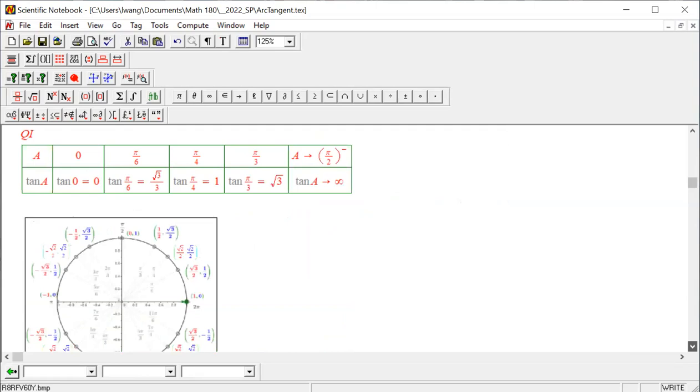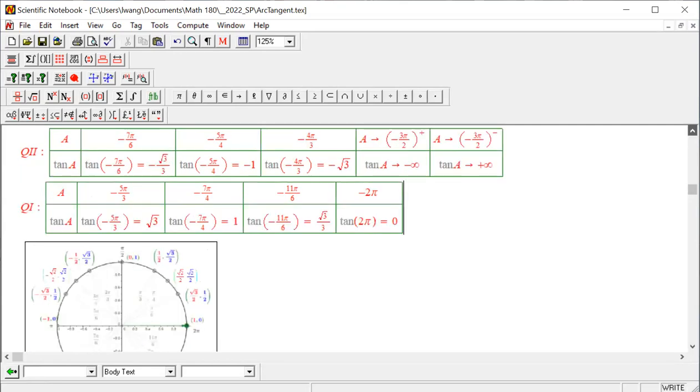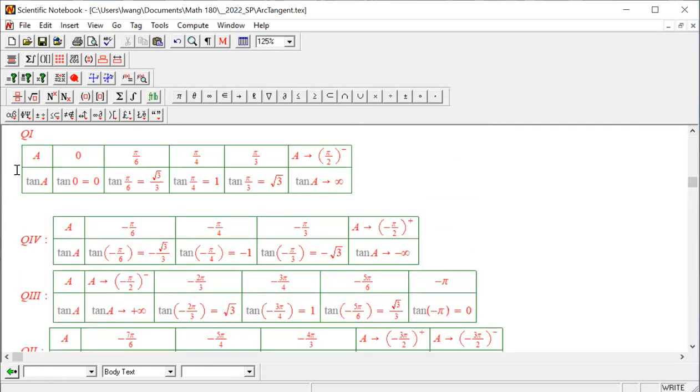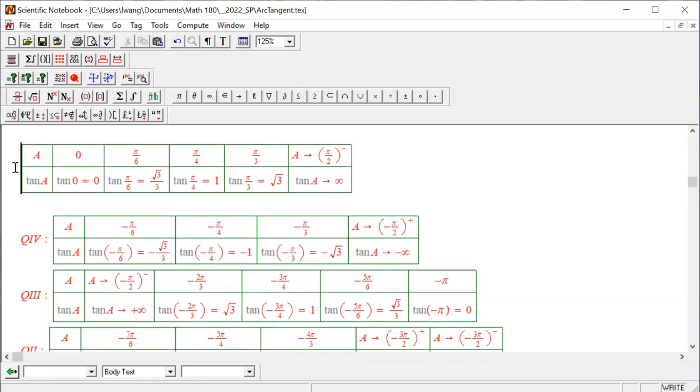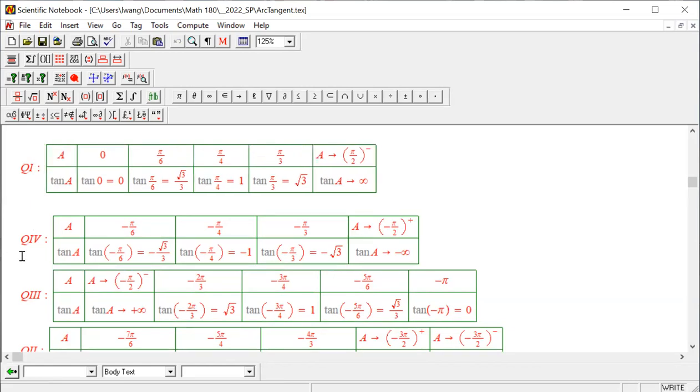If you look at the quadrants, this is quadrant 1 where pi over 6, pi over 4. For quadrant 4, what do we get there?